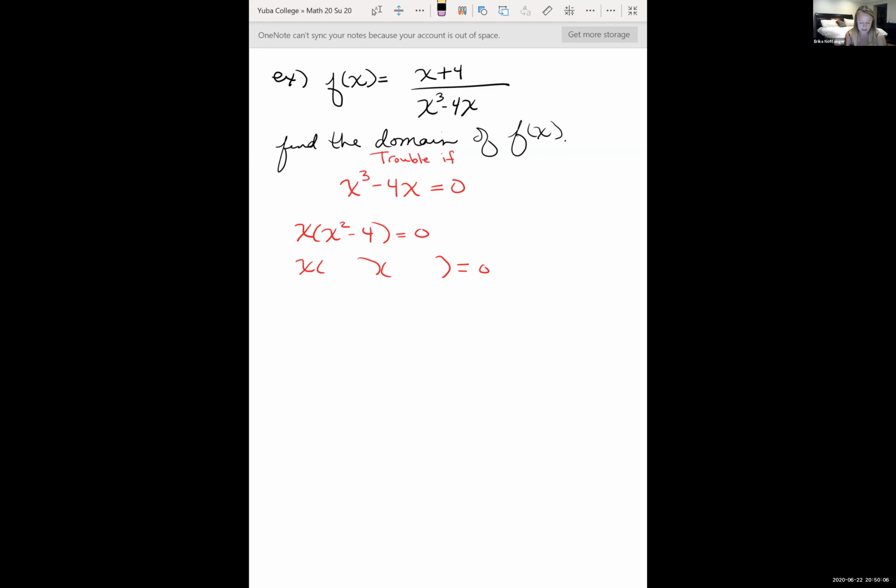So I have x times x minus 2, x plus 2. Set each factor equal to 0. So this is when x is equal to 0. x minus 2 is 0 when x is 2. And x plus 2 is 0 when x is negative 2. Okay, so we cannot have x equal to these.